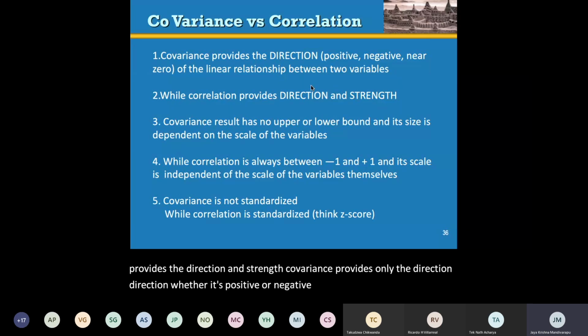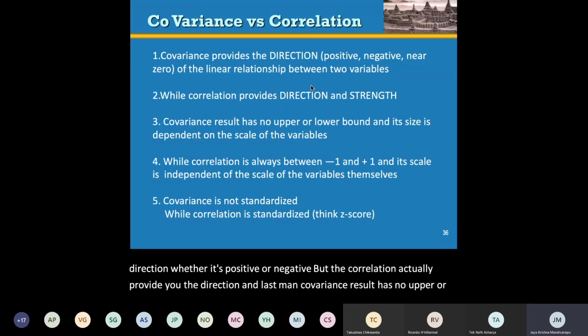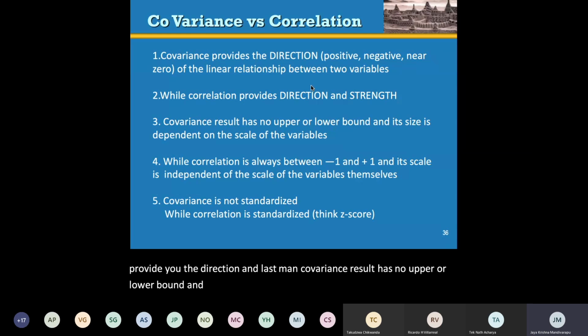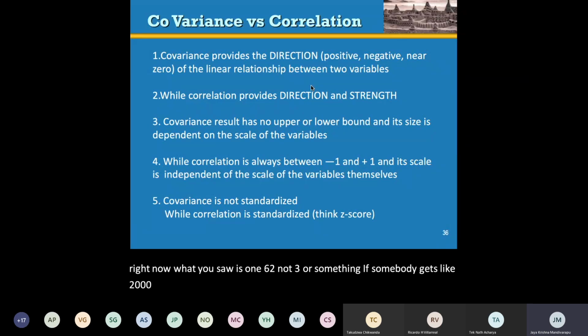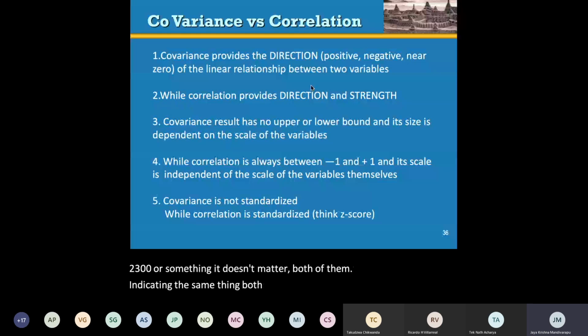Covariance result has no upper or lower bound, and its size is dependent on the scale of the variables. Right now what you saw is 106.93 or something. If somebody gets 2300 or something, it doesn't matter, both indicate the same thing, both have a positive sign. That's the only thing we need to look at whenever we're doing covariance.